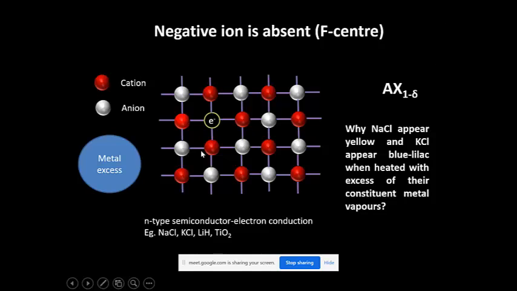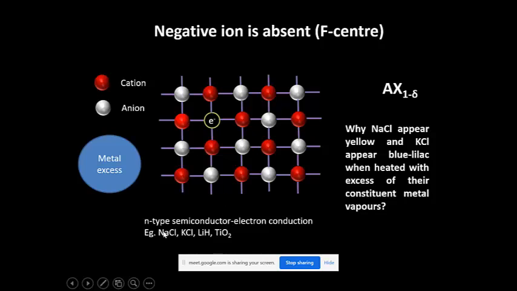This kind of anion deficiency leads to n-type semiconductivity. In n-type semiconductivity, electrons are the charge carriers.